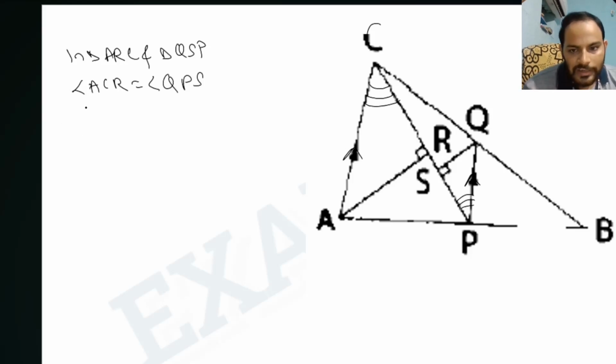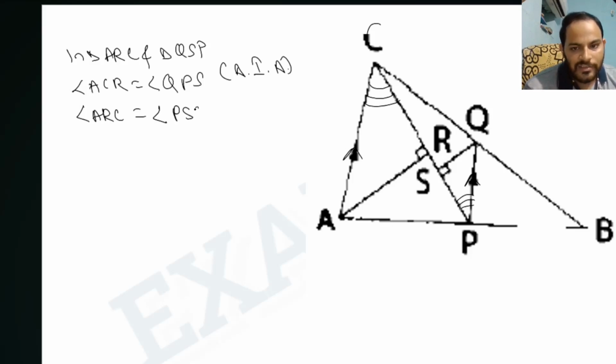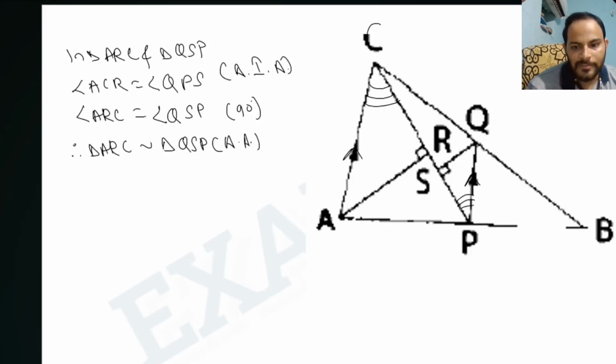Why? Alternate interior angles, or you can write it shortly as AIA. Again, angle ARC is equal to angle QSP. Why? Both are 90 degrees. Therefore, triangle ARC is similar to triangle QSP by the angle criterion.